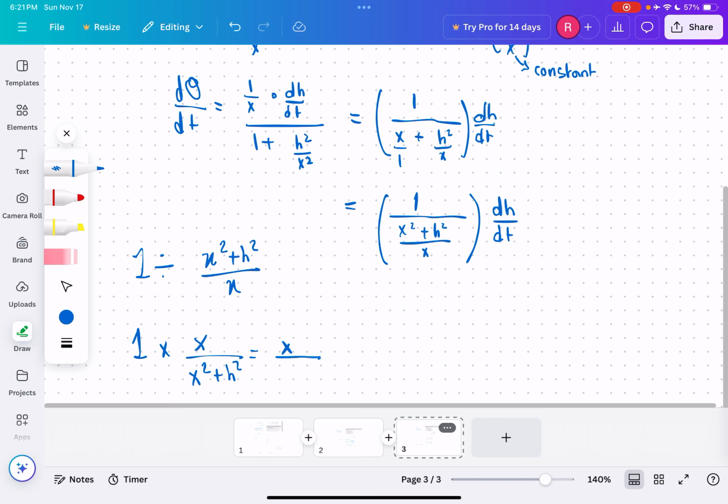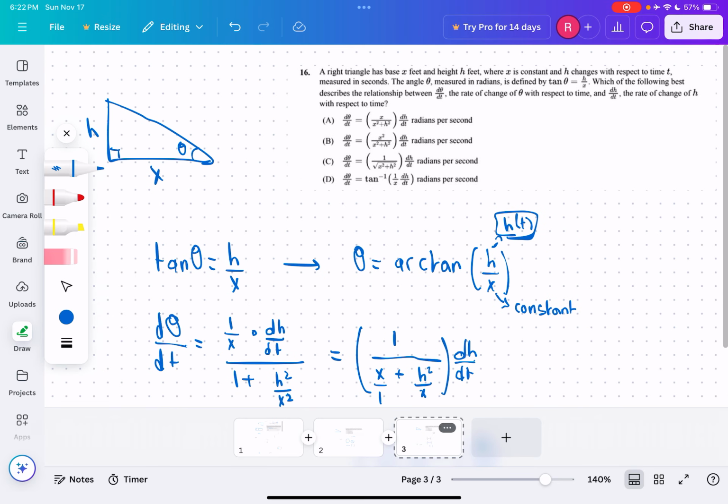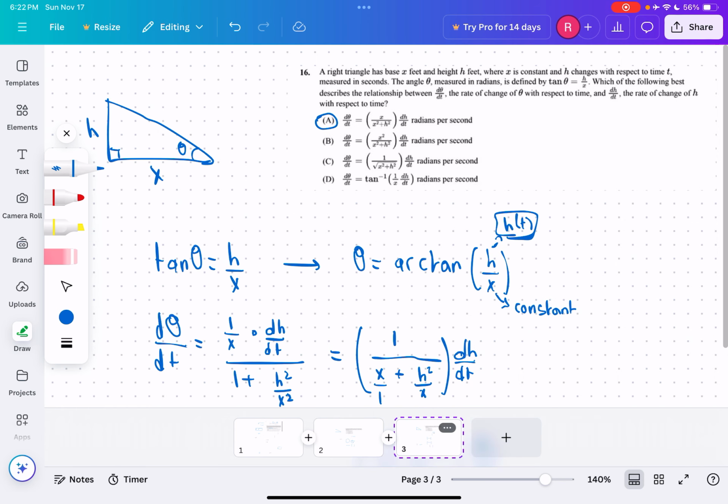You're going to get x over x squared plus h squared, which is going to be x over x squared plus h squared, dh over dt. And this brings us to choice A again. So in this question, the answer is A. And the previous question, the answer is also A.